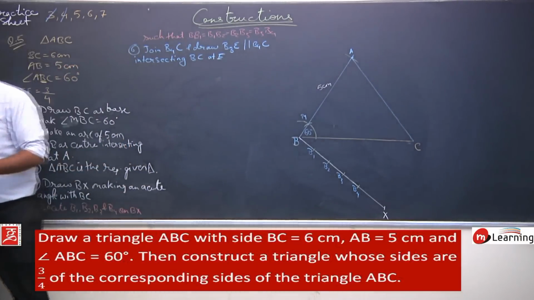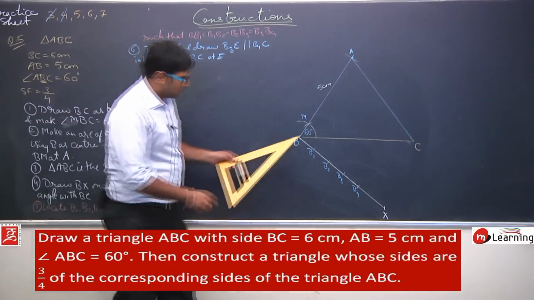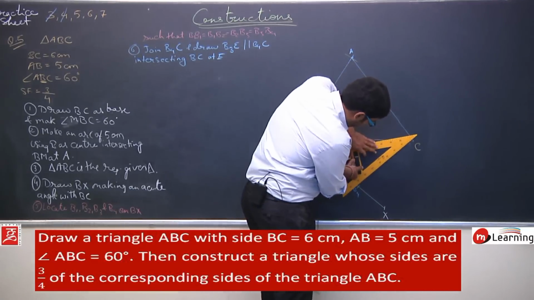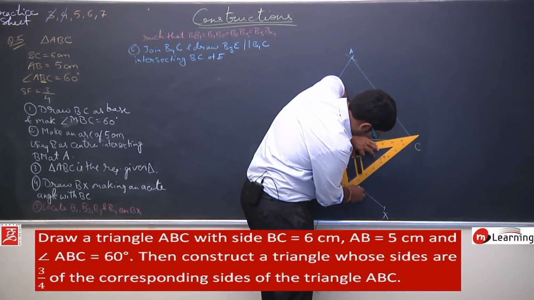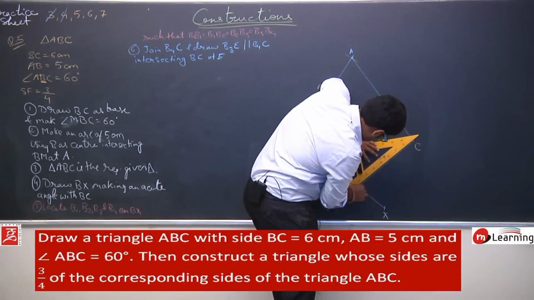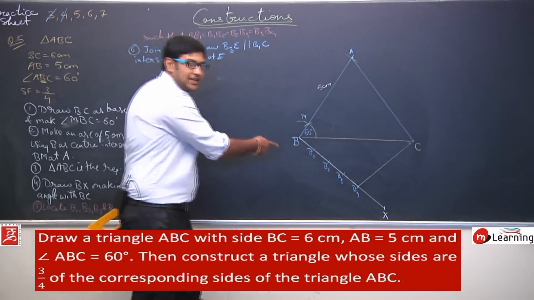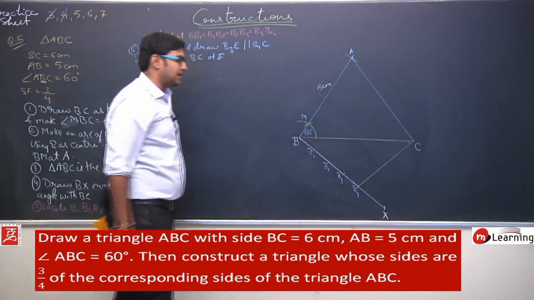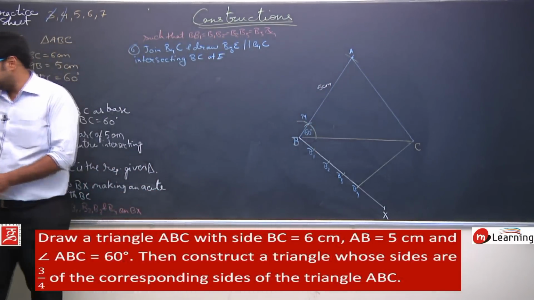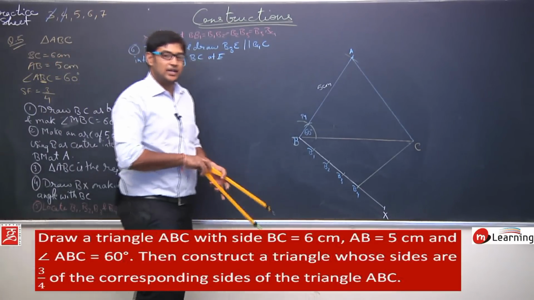So let's join B4C. I will join this B4 and point C. This is point B4 and this is point C. So this is B4C. Now using B3 as center, I will make a line parallel to this B4C. So take some random radius again.